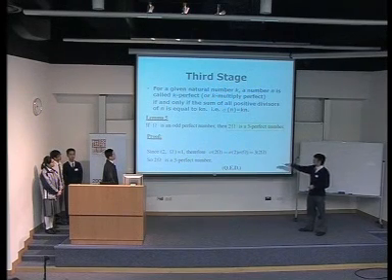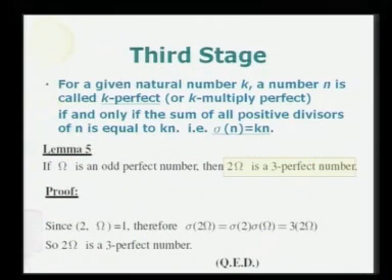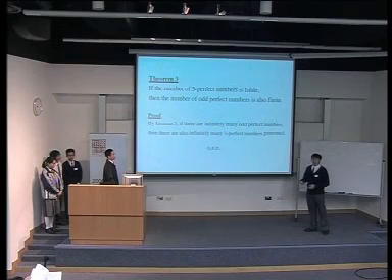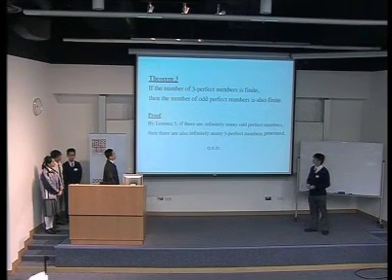So if omega is an odd perfect number, then we discover that 2 times omega is a 3-perfect number, because omega is odd, and then we can break down the sigma function in this way, and it is equal to 3 times 2 times omega, and so 2 omega is a 3-perfect number. And by that lemma, we can conclude that if the number of 3-perfect numbers is finite, then the number of odd perfect numbers is also finite.